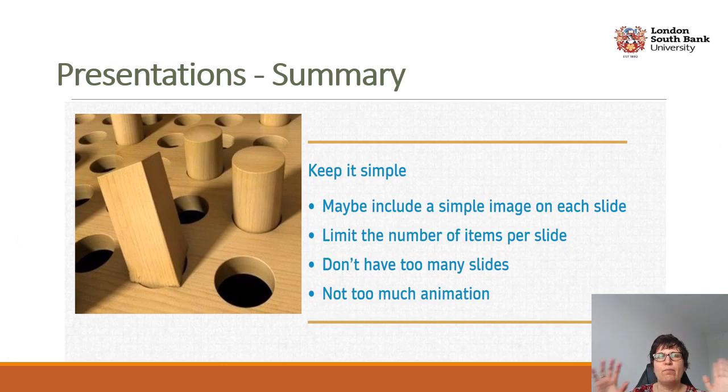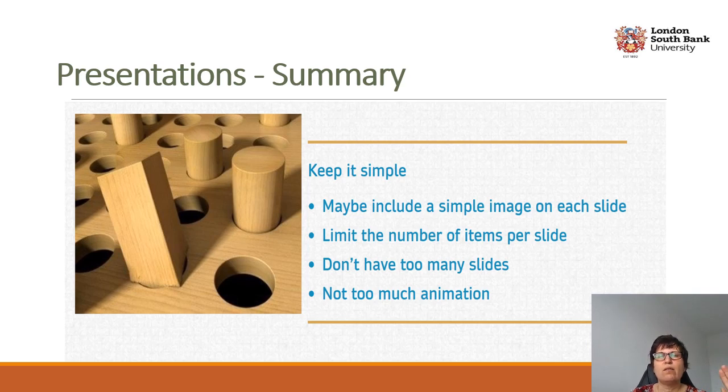Also, keep it simple. Maybe include one image and 4 or 5 bullet points. Limit the number of items per slide. Not a lot of slides. Make sure you keep in mind that you need to spend at least 1 minute per slide and avoid too much animation.